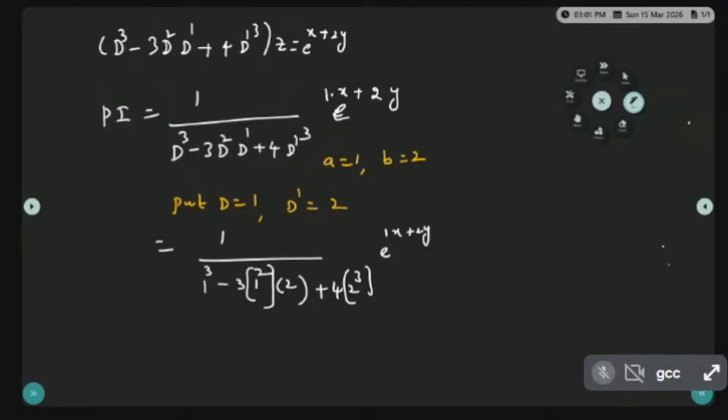How much? 1 minus 6 plus 32, into e power x plus 2y. 27.